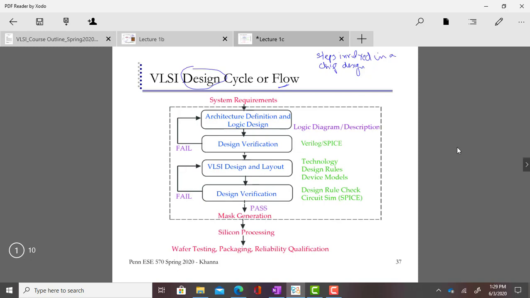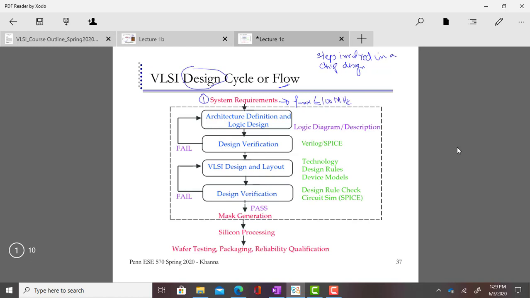So usually the first step is you start with system requirements. For example, system requirements may be that your circuit should work for a maximum frequency equal to or less than 100 megahertz.